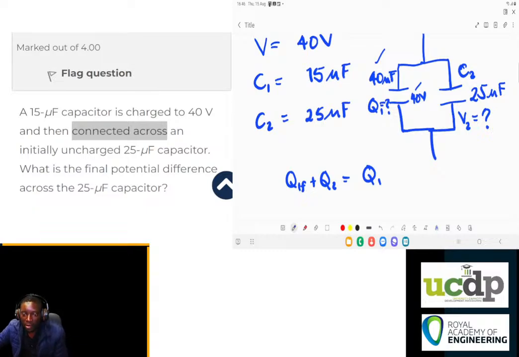The other guys, are you okay? Can you follow? Yes, sir, we can follow. Okay, perfect. So can we attempt to find that V2? Let's see what value for V2 we get.